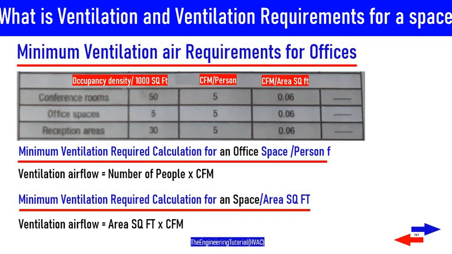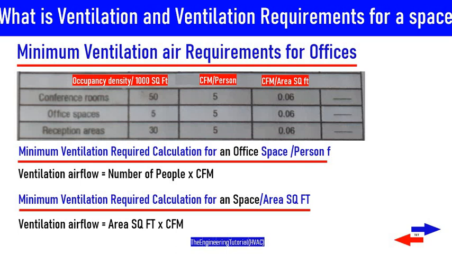As you can see in this table, the outdoor air required for an office space is 5 people per 1000 square feet occupancy density, 5 CFM per person, and 0.6 CFM per square foot.